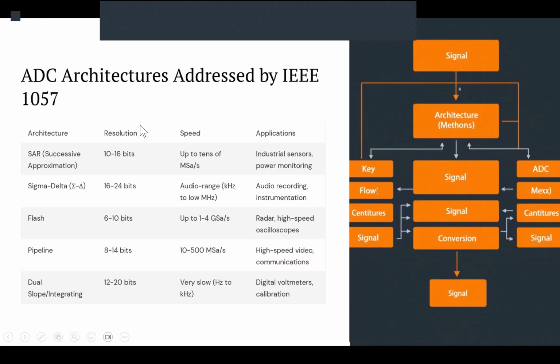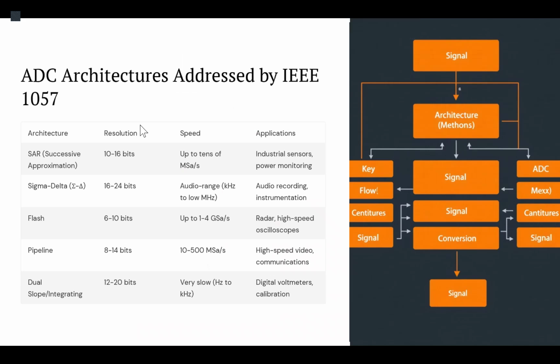These different architectures have different characteristics. SAR normally has a resolution of 10 to 16 bits, and its speed can go up to tens of megasamples per second. This combination of parameters makes them suitable for industrial sensors and power monitoring.